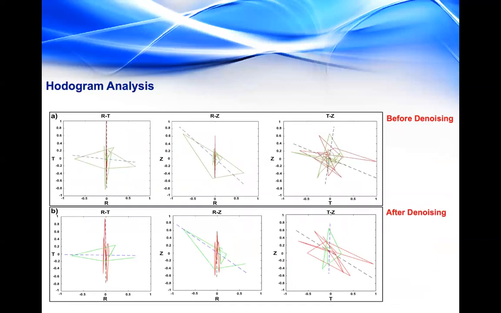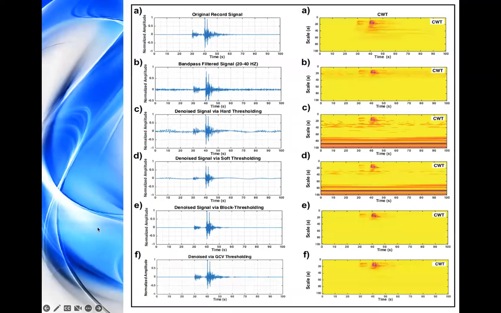Again, these are the hodograms of the P and S wave windows from the three-component data before and after denoising. What you see is that the polarization azimuths of P and S waves and the angle between these two remain more or less the same after denoising. So denoising does not affect the polarization of the wave.